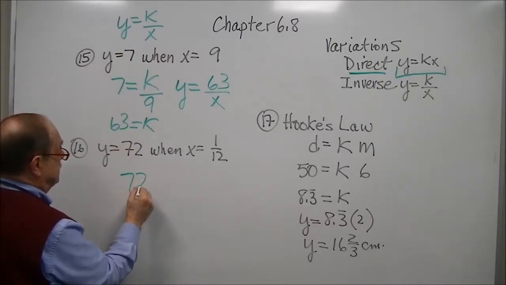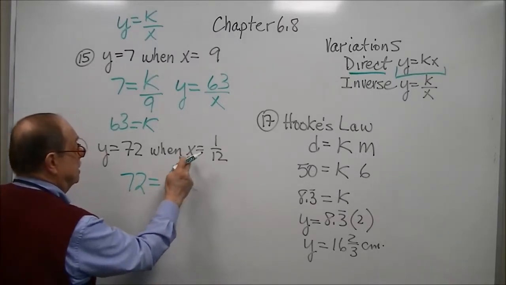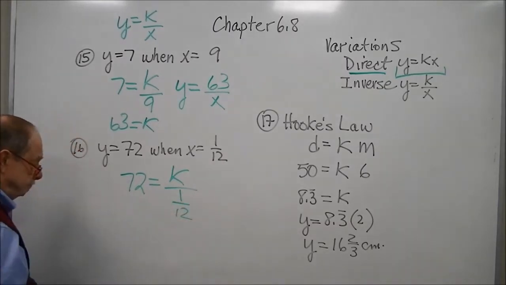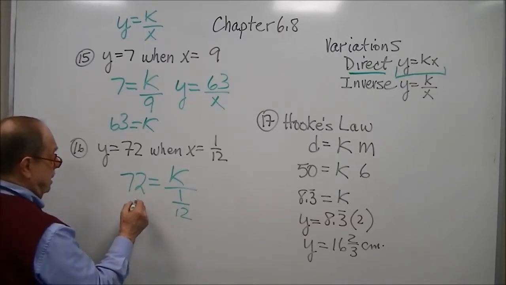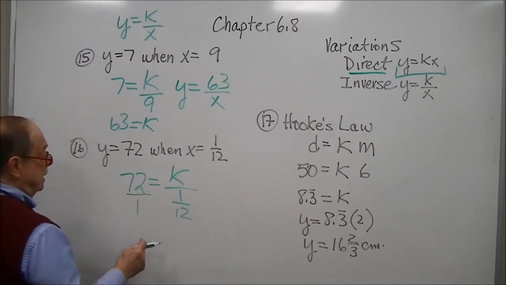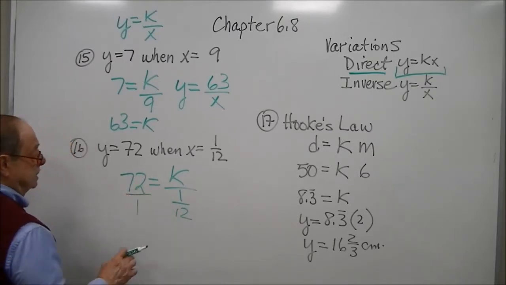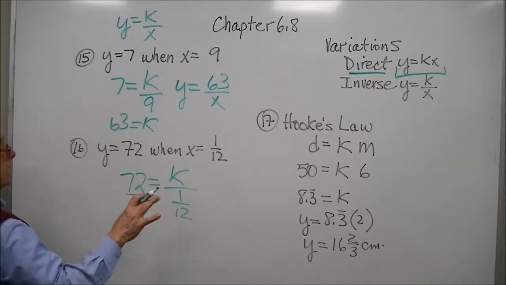It'll be 72 equals k, but x is 1/12. So what you're doing, in a sense, is you can kind of cross multiply here. Well, let's take a step back.